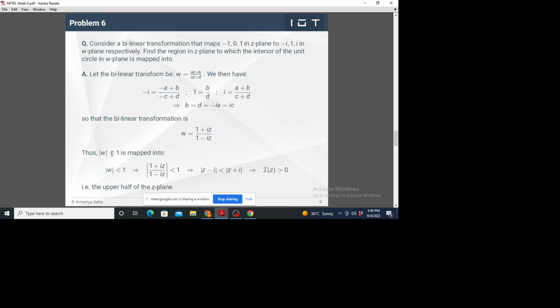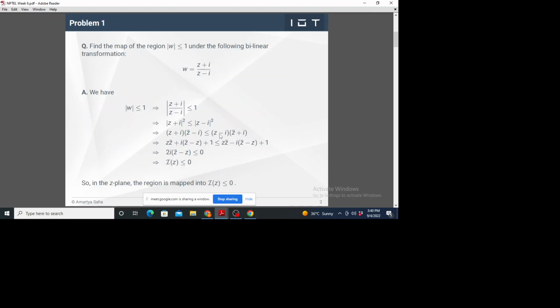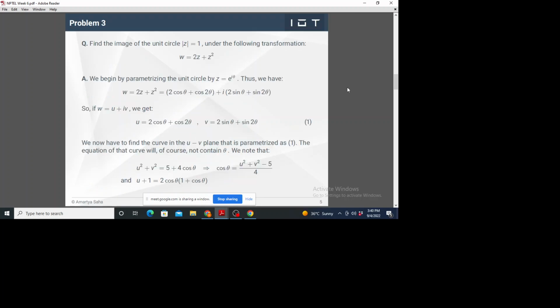So some region in the W plane is given, that is the interior of the unit circle, and we have to find which region in the Z plane is mapped into this region in the W plane. This is exactly similar to problem 1. There the region was given, the bilinear transform was given, and we had to find the corresponding region in the W plane.